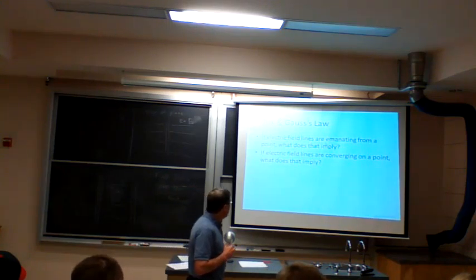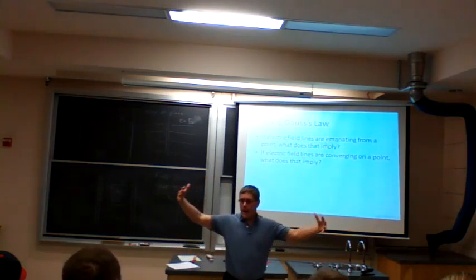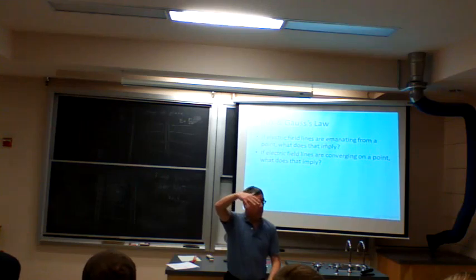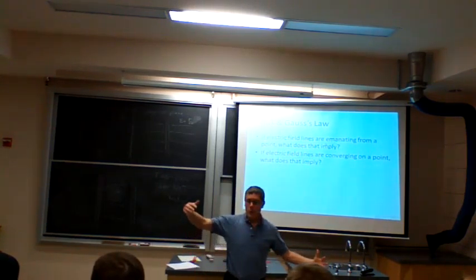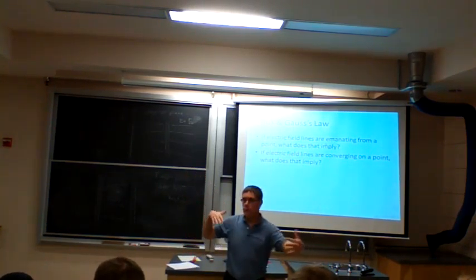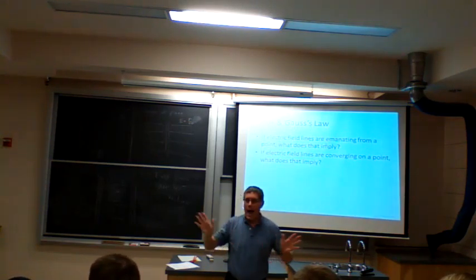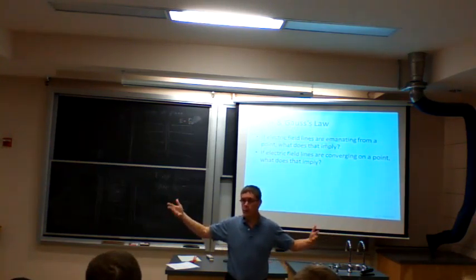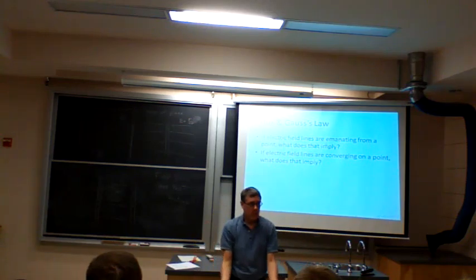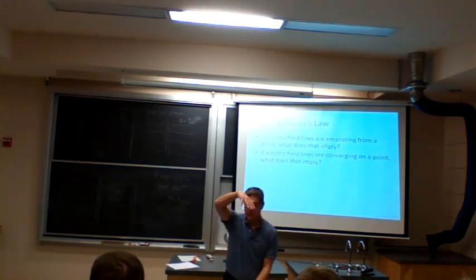What we're going to do is imagine putting a box in space, or a sphere in space, and we're going to look at the field lines going into or out of that sphere or box, or whatever shape we're going to encompass a volume of space with.